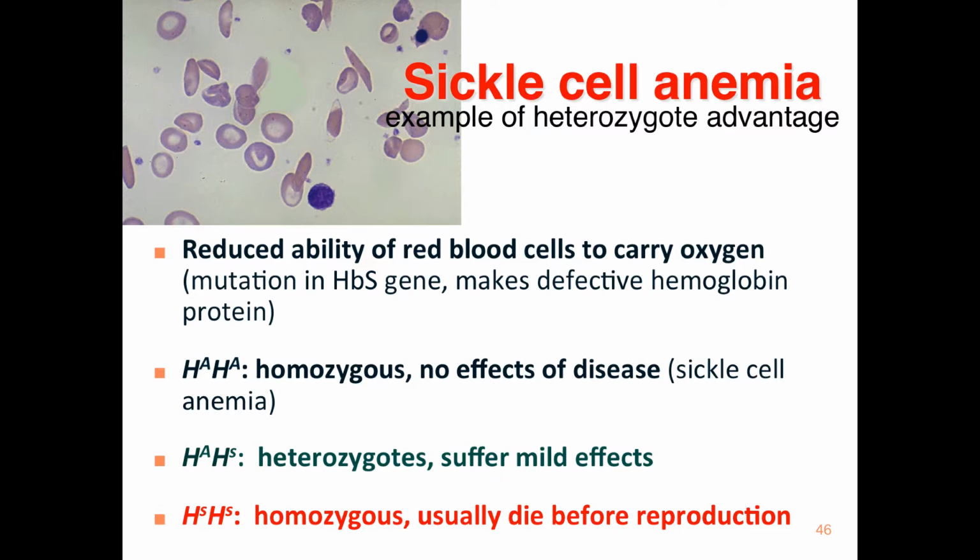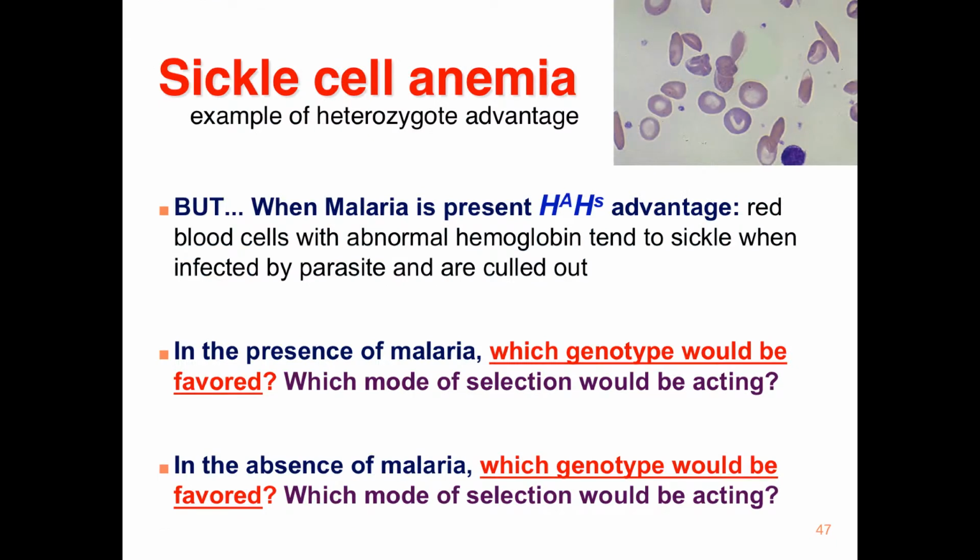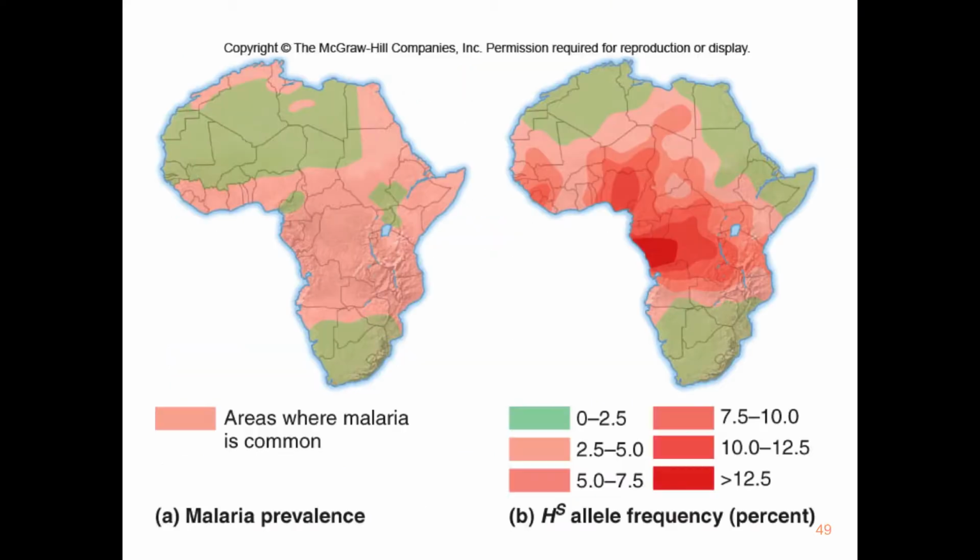So now we have an advantage to the heterozygotes, where the homozygotes for the disease allele will still often die before reproduction, and the homozygotes for the healthy allele will be exposed to the effects of malaria and will also be at a selective disadvantage. So in the presence of malaria, we would expect the heterozygote genotype to be favored.